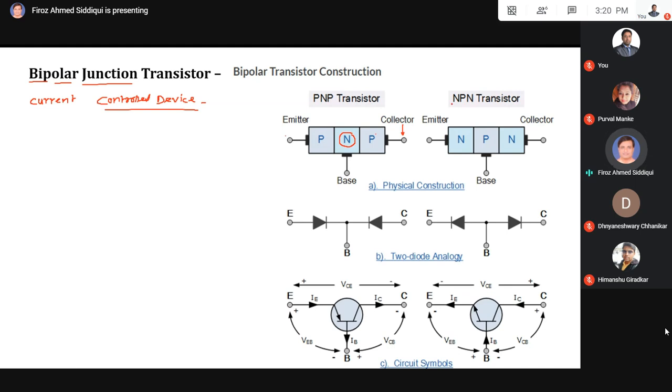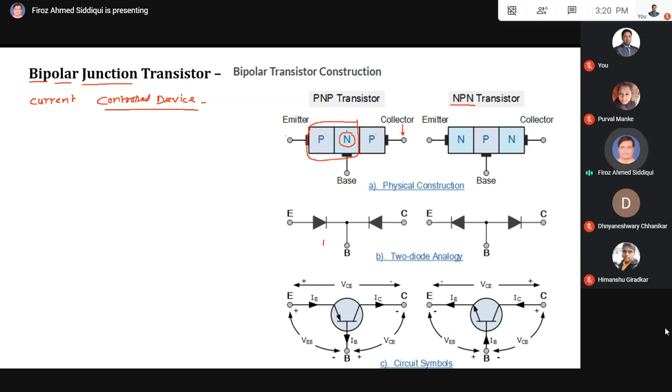In NPN transistor, the base is connected to the P-type material, and the emitter and collectors are connected to the N-type materials. If we see the two diode analogy of the transistor, in this case, if you consider only this much of the transistor, it is like a PN junction only.